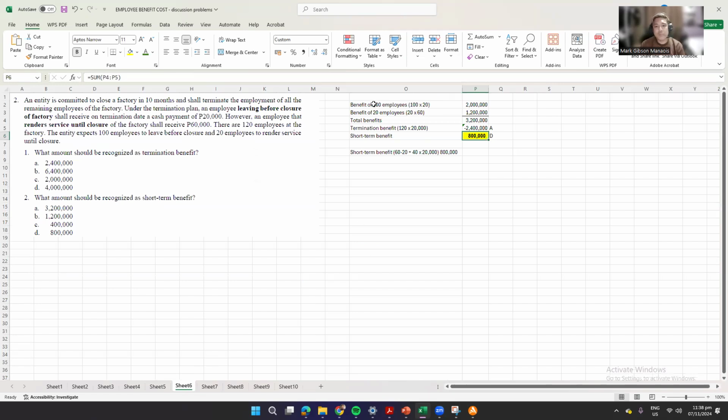So, benefit of employees. Let's compute first for the 100 employees. This is based on the problem. It says 100 employees will resign before the closure.